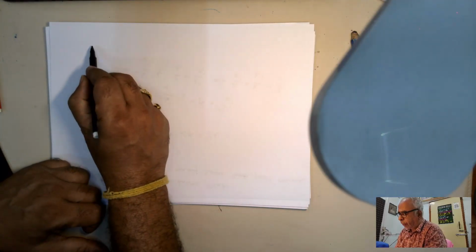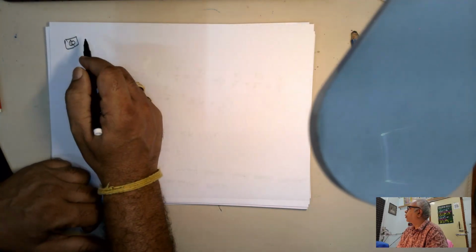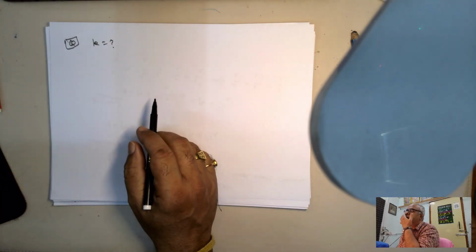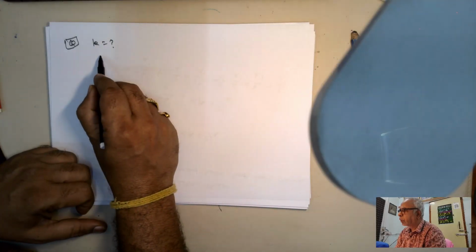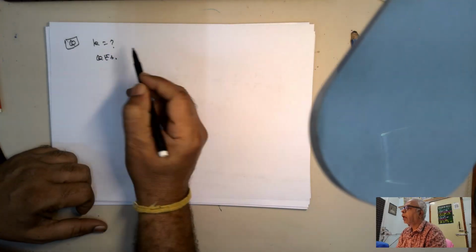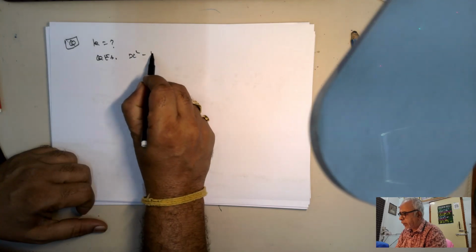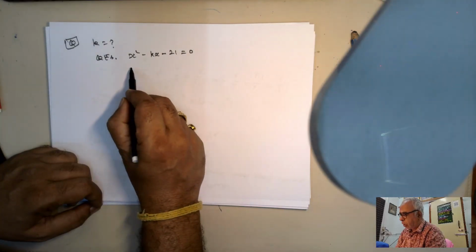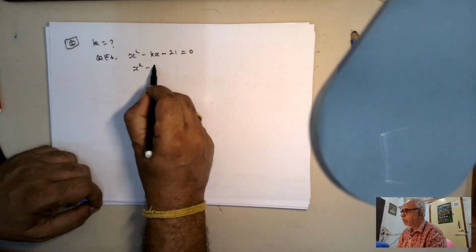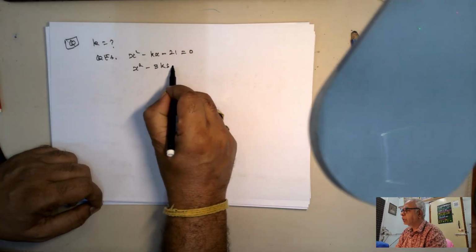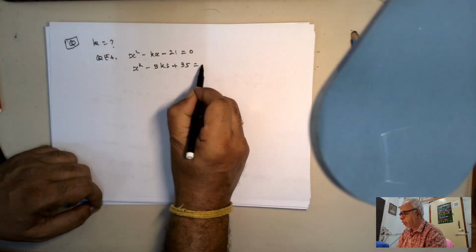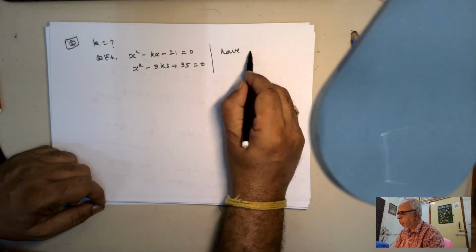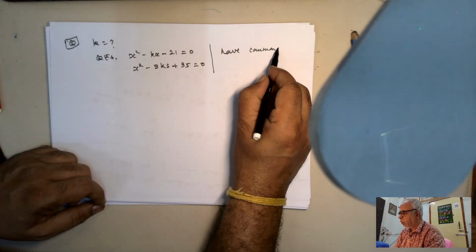For which value of k will the quadratic equations x squared minus kx minus 21 is equal to 0 and x squared minus 3kx plus 35 is equal to 0 have one common root?